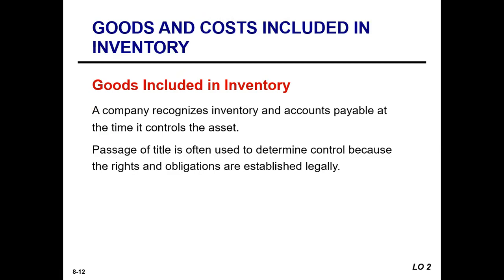So a local consignment shop has goods that do not belong to them, but belong to the consignee. And so the person who owns the consignment shop would not include those goods in their inventory, right? Because those goods belong to someone else. They're just essentially selling them for that person. So goods on consignment have to be taken into account.